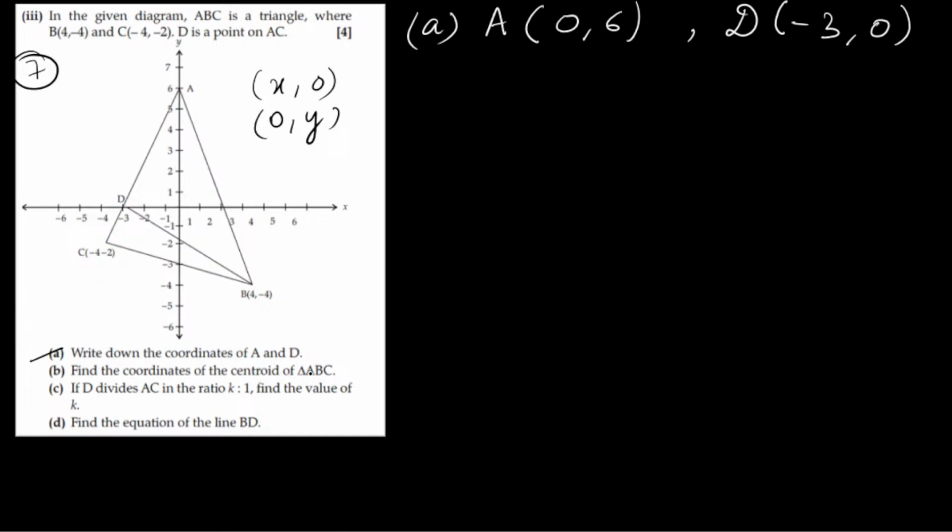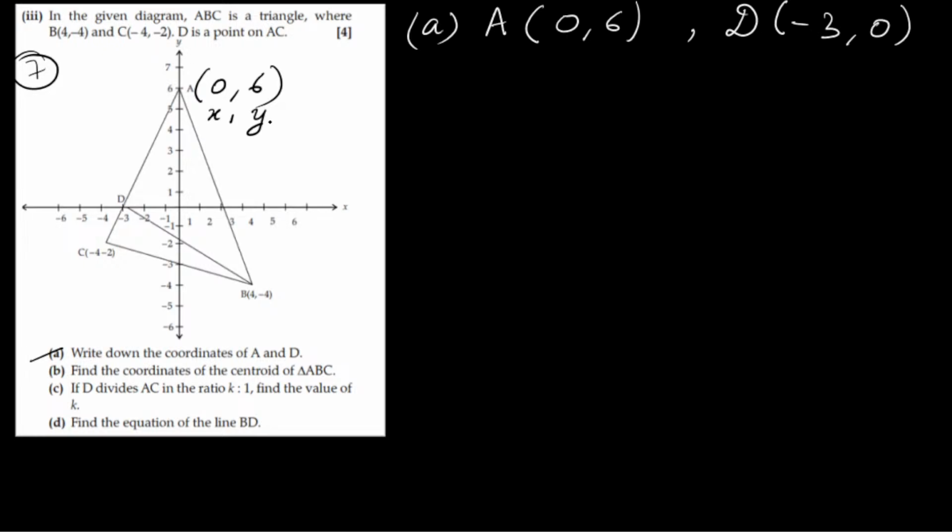Find the coordinates of the centroid of triangle ABC. So we have to find the coordinates of the centroid. So the centroid formula, I hope you remember. A's coordinates I'll also write here, 0, 6. B is given to us and the coordinates of C are also given to us. So what's the formula of the centroid?